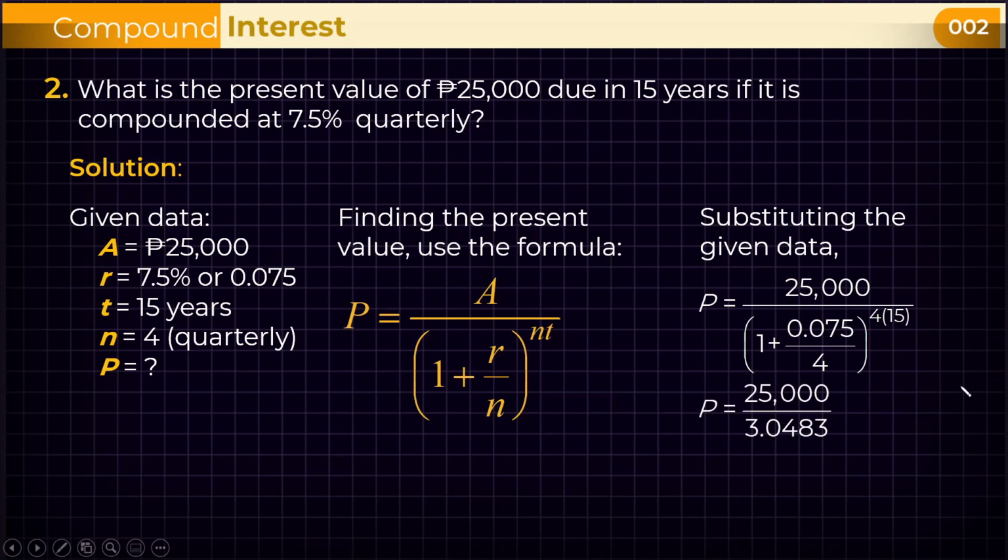And then this is going to be 25,000 divided by the simplified value of the denominator is 3.0483, and eventually that is equal to 8,201 pesos and 30 centavos, and that is going to be our present value.